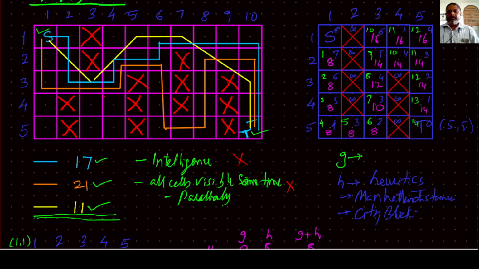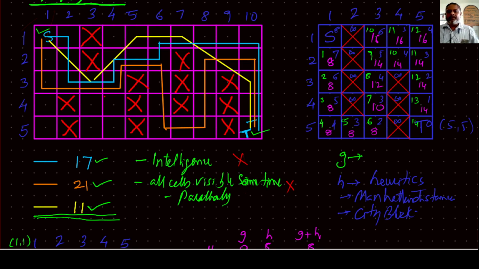Okay. Now, from the source we can just keep looking at each of the possible ways. From the source we can go to cell 2 1, which is 1 step away, 3 1 is 2 steps away, 4 1 is 3 steps away, 5 1 is 4 steps away, 5 2 is 5 steps away, 5 3 is 6 steps away.